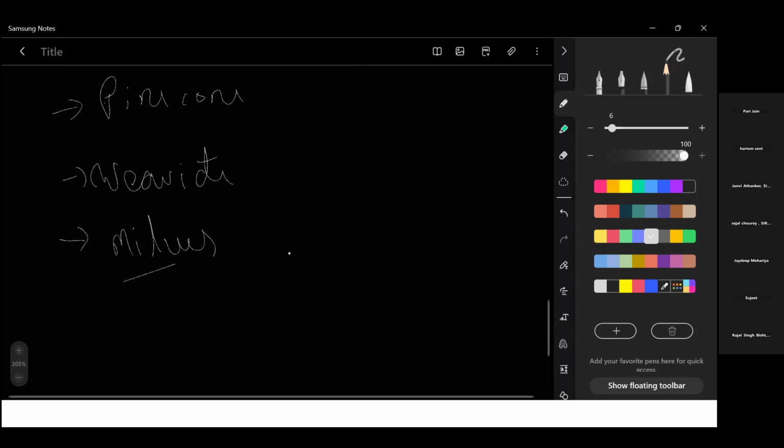Apart from that, ChromaDB is also there, so you can go with it. Apart from that, there are so many open source databases also available, you can also use them. But these are the basic databases we use for storing anything.